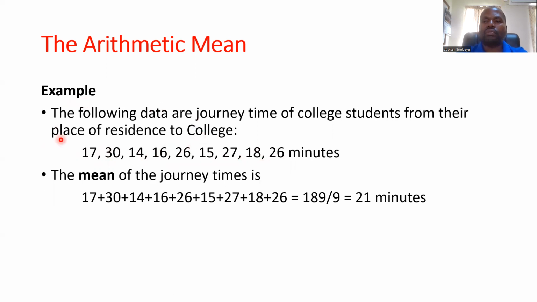You collect how many minutes each student spends to reach campus. So the mean, if we want a figure that represents how many minutes on average a student takes, then we have to add all of these observations and divide by how many they are, which is 9. And that gives us 21 minutes as the mean time for the journey.